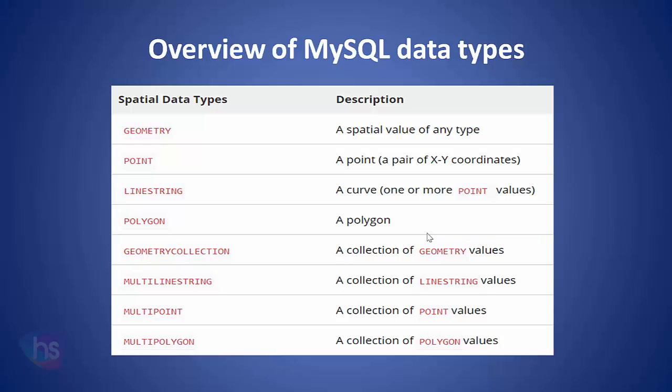Multi-line string, a collection of line string values. Multi-point, a collection of point values. Multi-polygon, a collection of multiple polygons. All these data types are supported in MySQL, which is very useful for mapping and pointing of devices. We can use these data types in the database itself.